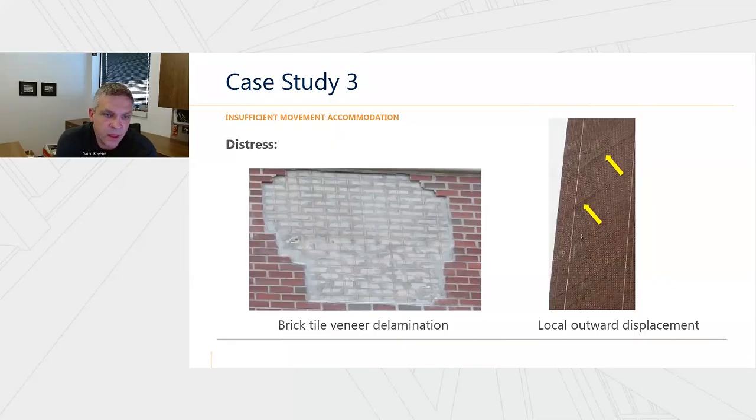So on the base portion of the building, shown on the left, we saw large areas of brick tile veneer that delaminated. And on the right, there's a slightly over 20-story tower that had adhered brick veneer, and there was local displacement at floor lines within the adhered veneer.